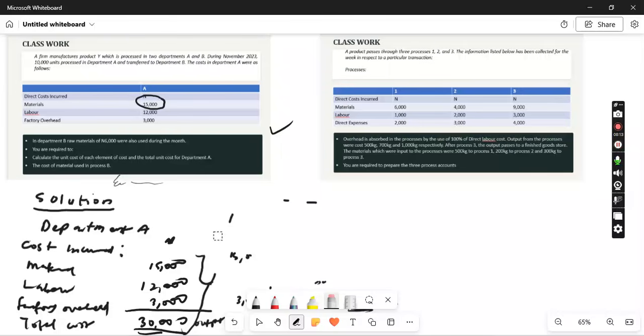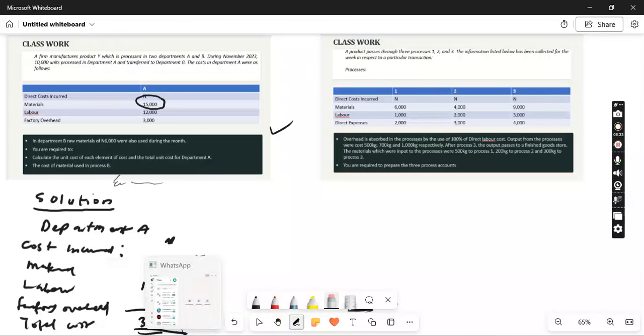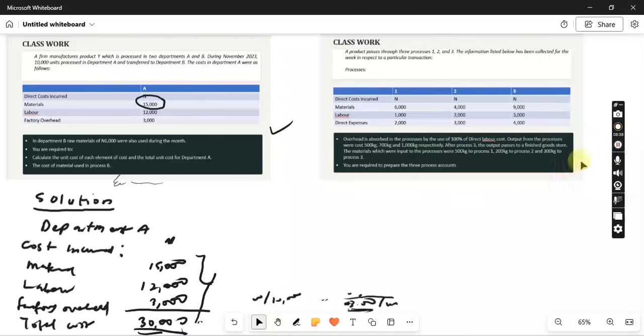We were told that a product passes through three processes: process one, process two, and process three.